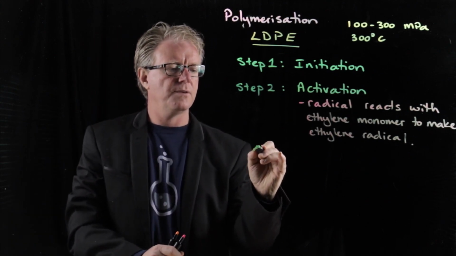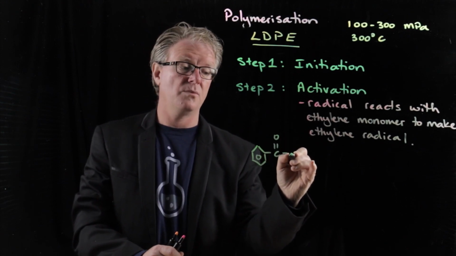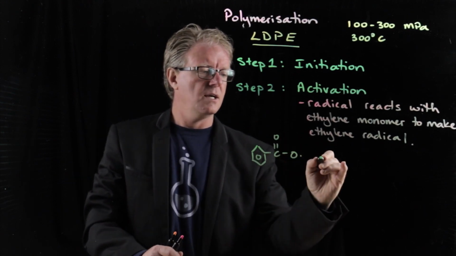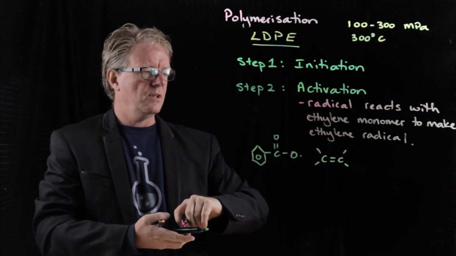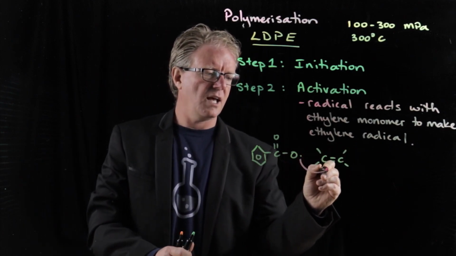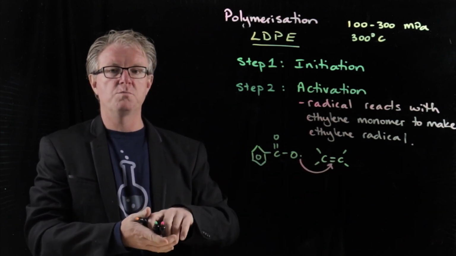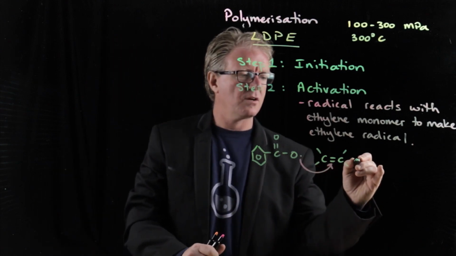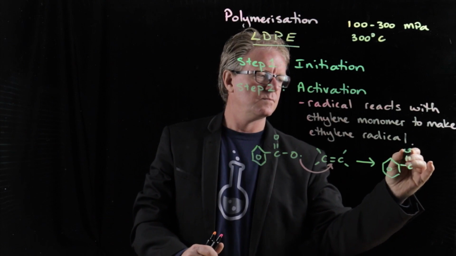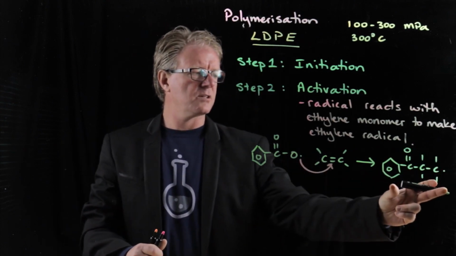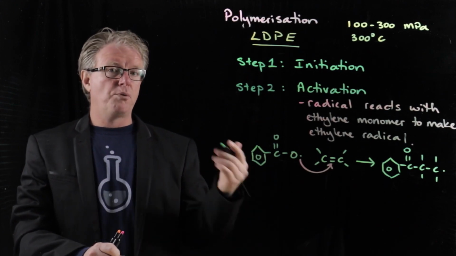If we have our peroxide radical, there it is, then we have ethylene, then that electron attacks the double bond there, and we have the first breaking of the double bond, and that creates, and I'll just draw it over here, another radical. So there's our next radical.